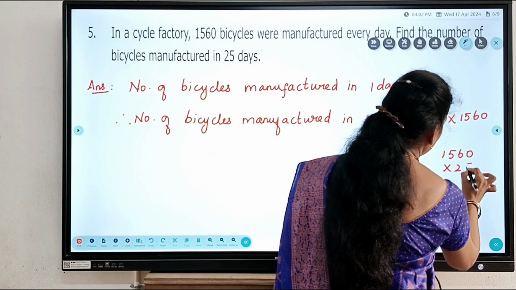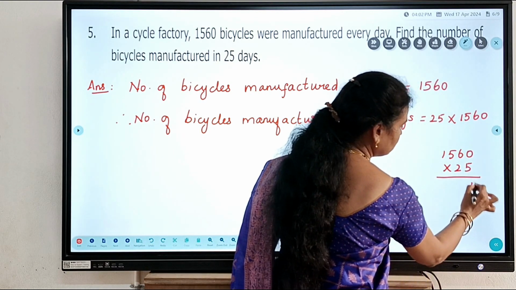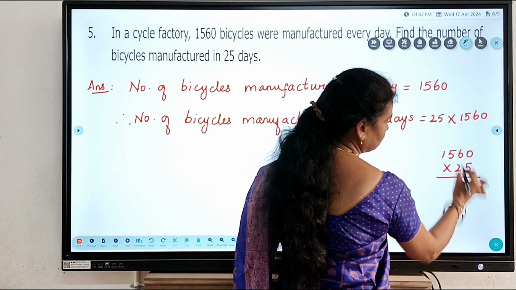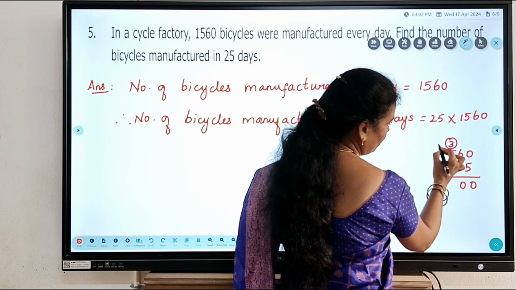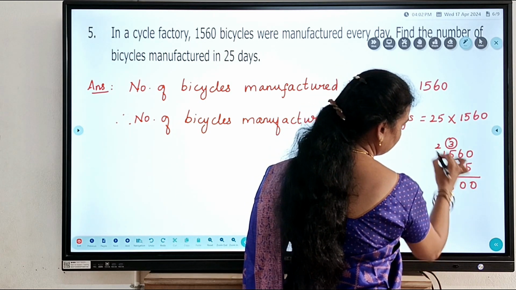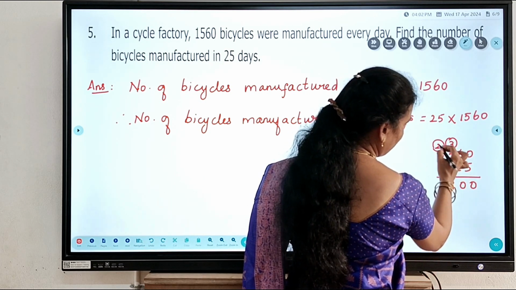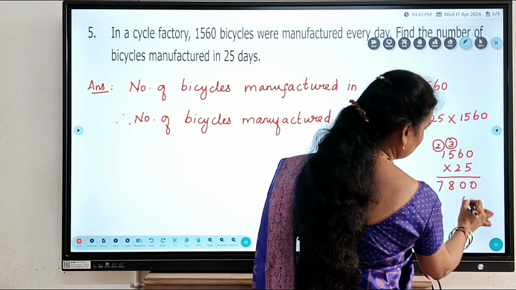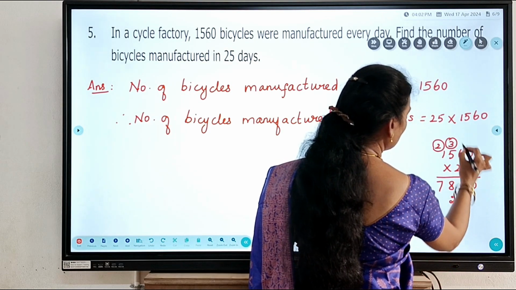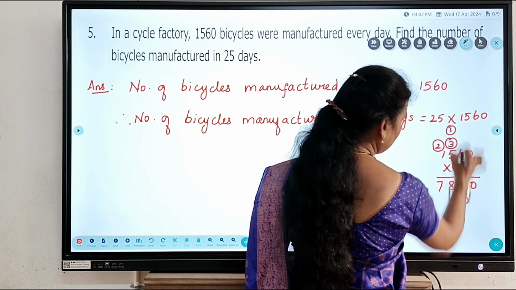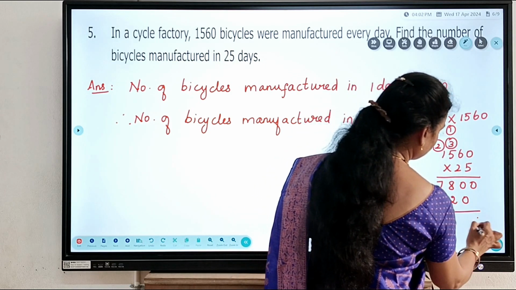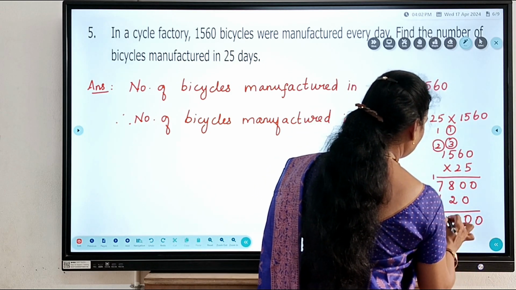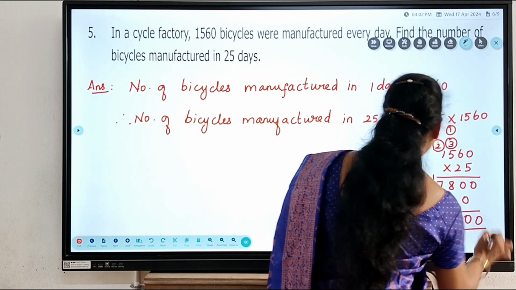1,560 with 25. So 5 zeros are 0, 6 5s are 30, so carry over 3, 5 5s are 25, 25 plus 3 is 28, 5 ones are 5, 7. So 2 zeros are 0, 6 twos are 12, 1, 5 twos are 10, plus 1, 11, 2 ones are 2, 3, 9 and 3.